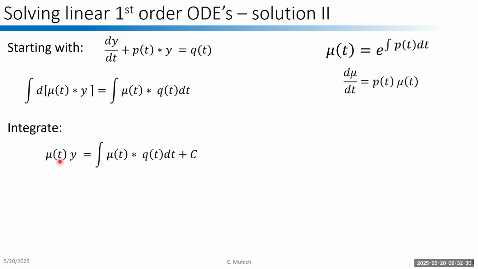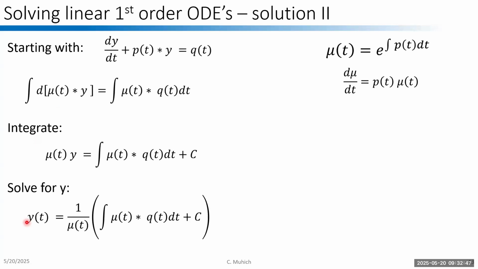I'm left with mu of t times y equals the integral of mu of t times q of t dt plus that constant of integration, which came from this side over here. Now all that is left is for me to solve for y. So y of t equals 1 over mu of t times the integral of mu of t times q of t dt plus c.